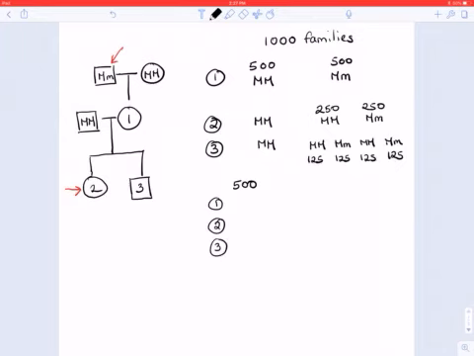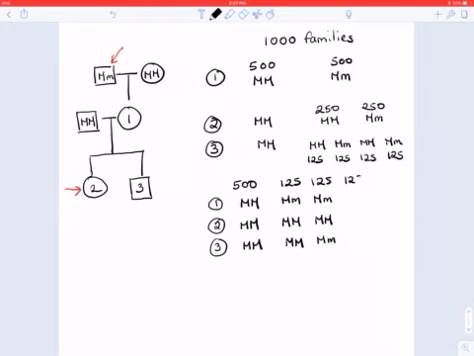500 times the genotypes are capital M, capital M, capital M, capital M. 125 times we go capital M, small m, capital M, capital M. 125 times we go capital M, small m, capital M, small m. 125 times we go capital M, capital M, capital M, small m, and 125 times we go capital M, small m, capital M, small m.